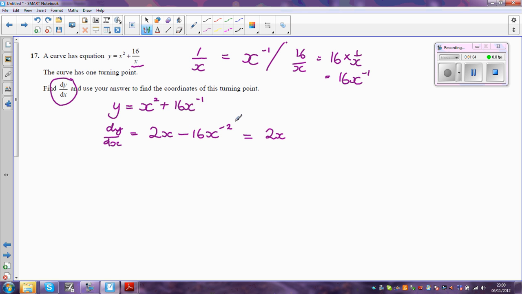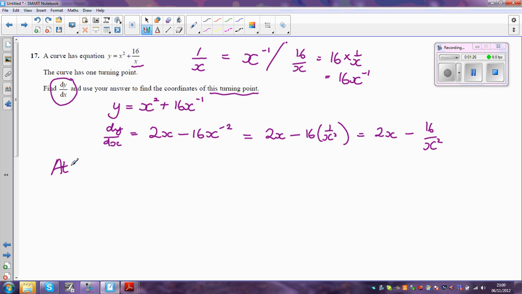Remember, x to the power minus 2 means 1 over x squared, so we can think of this as minus 16 times 1 over x squared. In other words, it's the same as 2x minus 16 over x squared, and that might make our life a little bit easier.